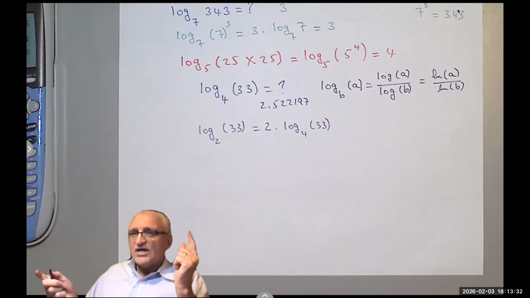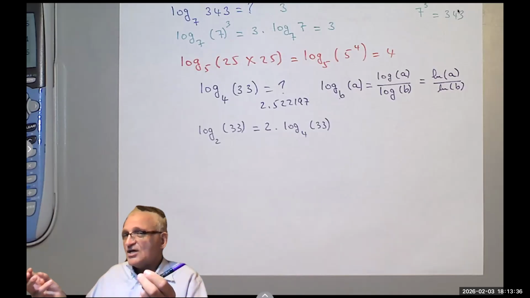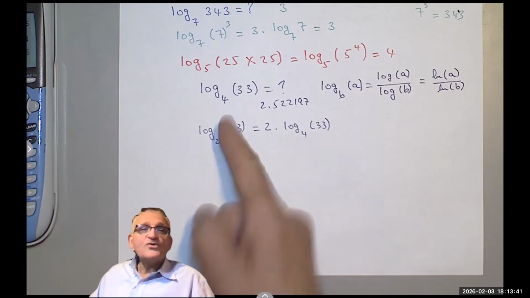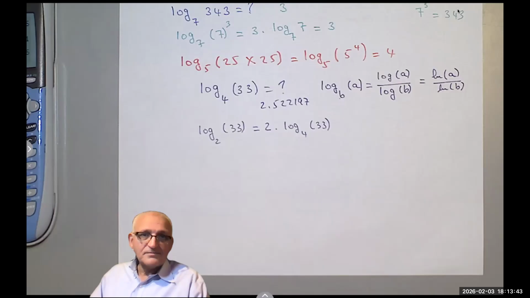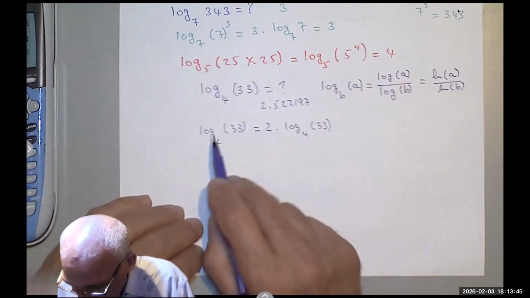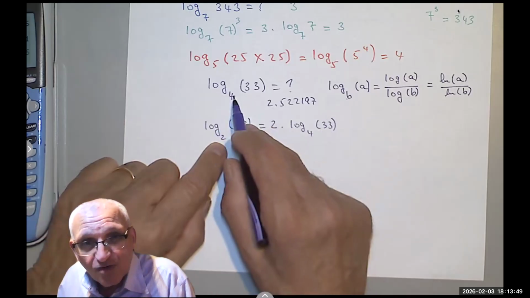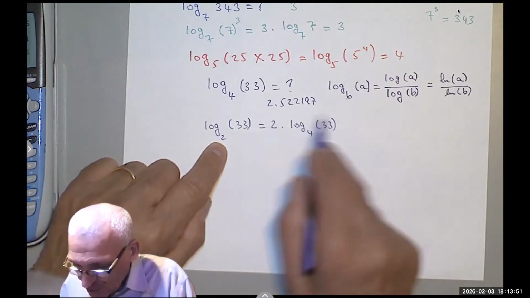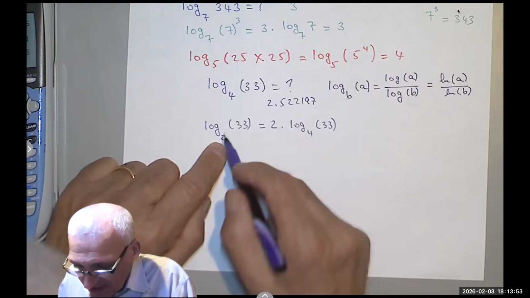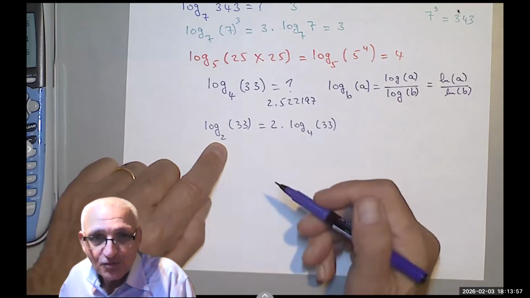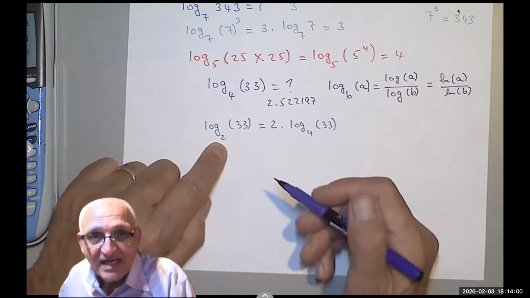Whenever they ask you this question, it means that one of these bases is a power of the other. Same thing with the log. If they give me log to the base 2 and ask me what is the log to the base 4, I will divide this by 2. Or if they want it to the base 8, I will divide this by 3 because 2 to the third is 8. And so on and so forth.